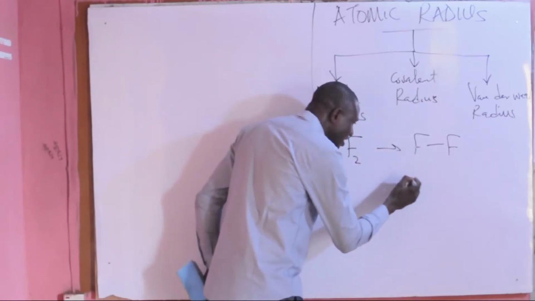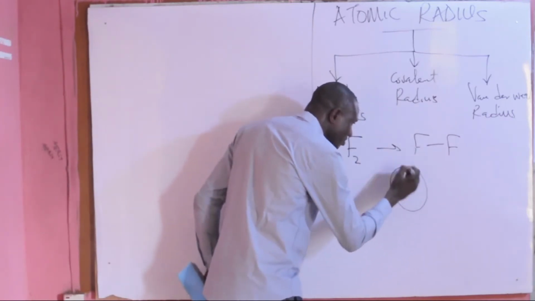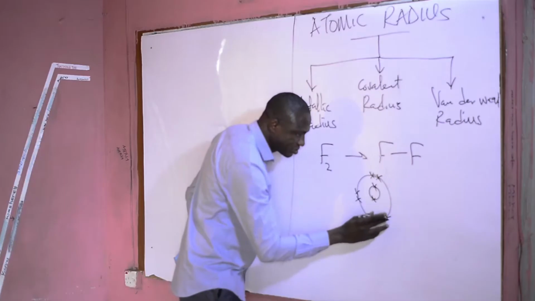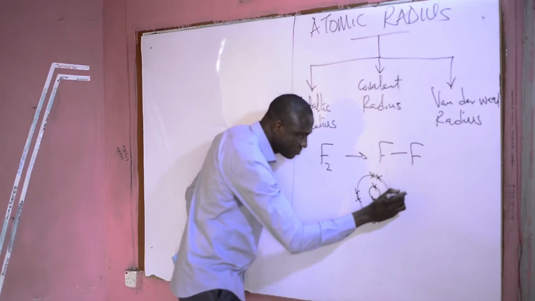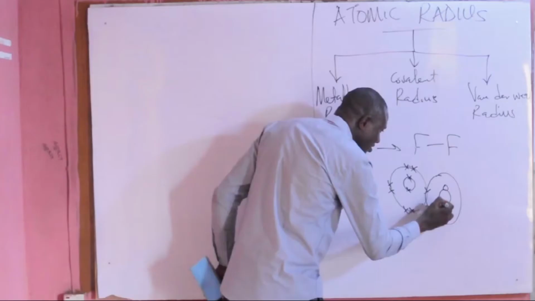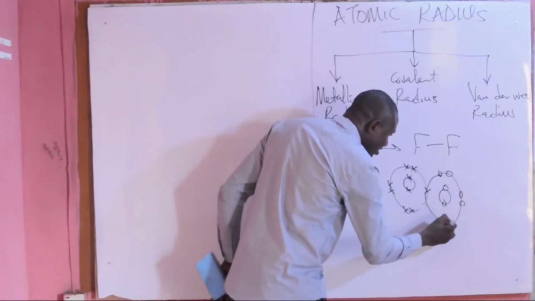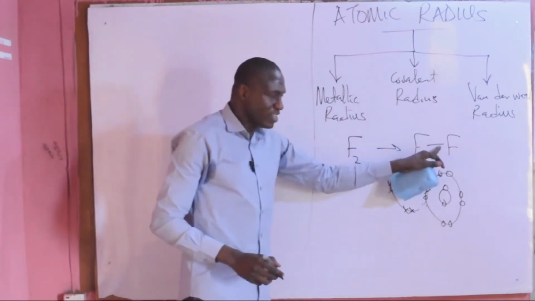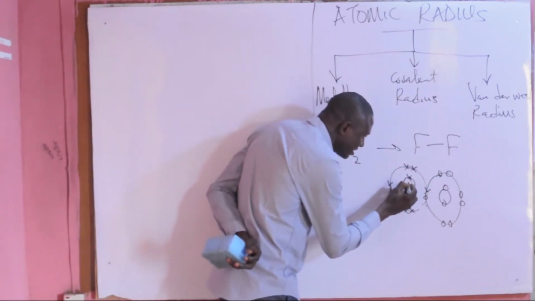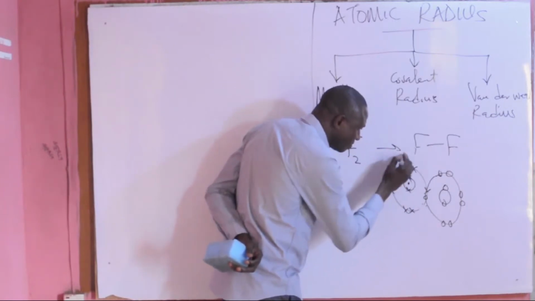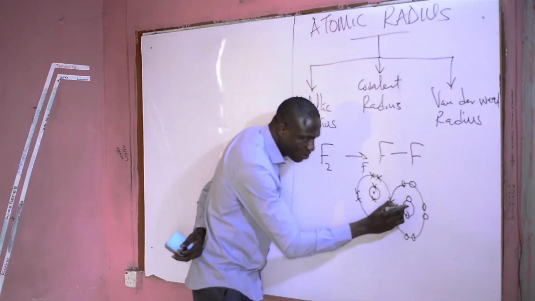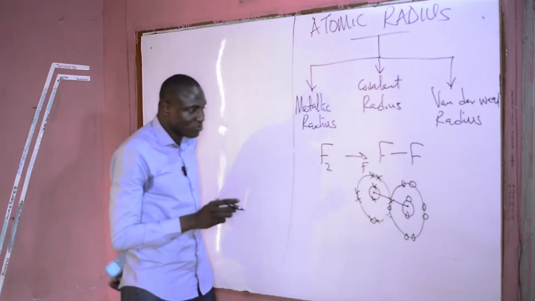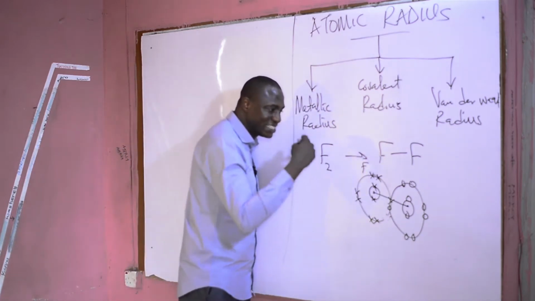So if this is the first fluorine, we have 7 electrons in the valence shell. And this is the second fluorine, also with 7 electrons in the valence shell, both donating 1 electron to share to form this single covalent bond. If this is the nucleus of this fluorine atom, and this is the nucleus of this fluorine atom, the distance between the two nuclei is what we refer to as the internuclear distance.